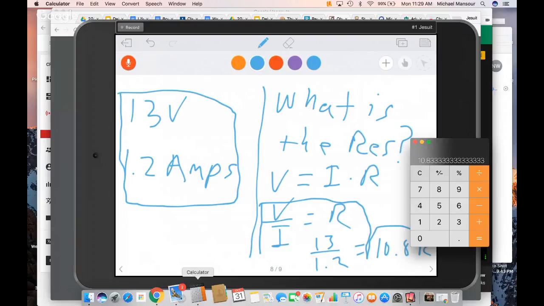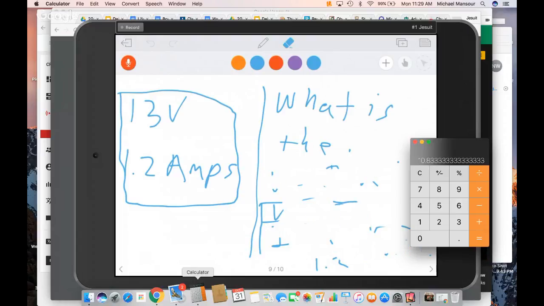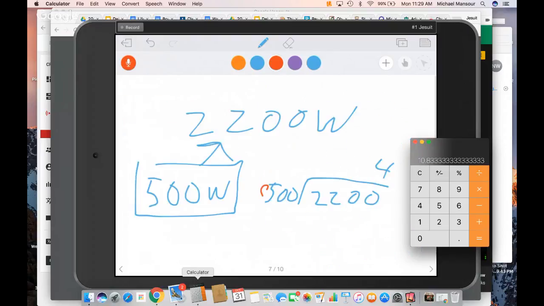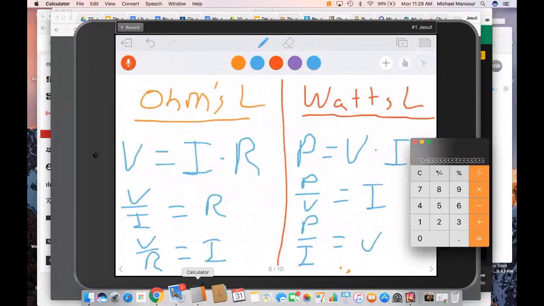Now, if I had this exact same question, and now I can erase something on it, let's say instead of asking me for the resistance, this time it's asking me for the power. So if the question is, what is the power produced? Now I'm going to use Watt's law. Watts is power equals volts times amps.